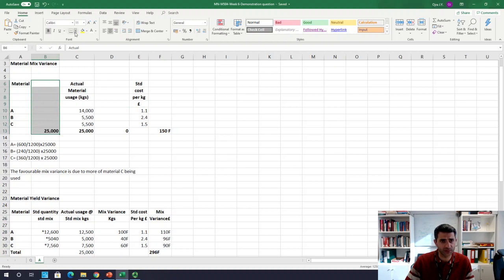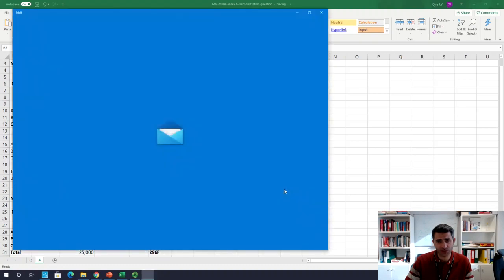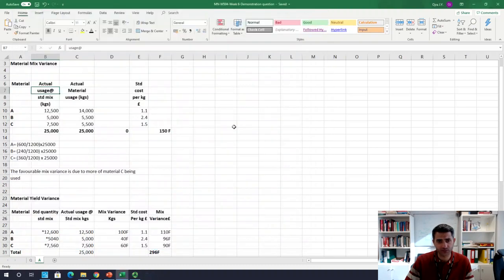The second column we need to do is the total actual usage. The total actual usage was 25,000 kilogram. So we need to find it at the standard mix.